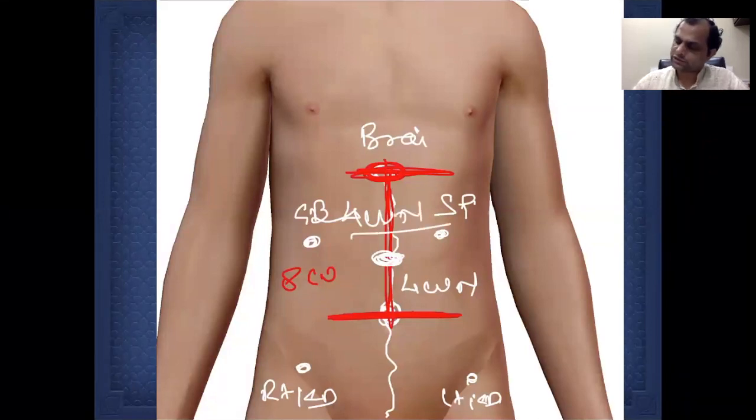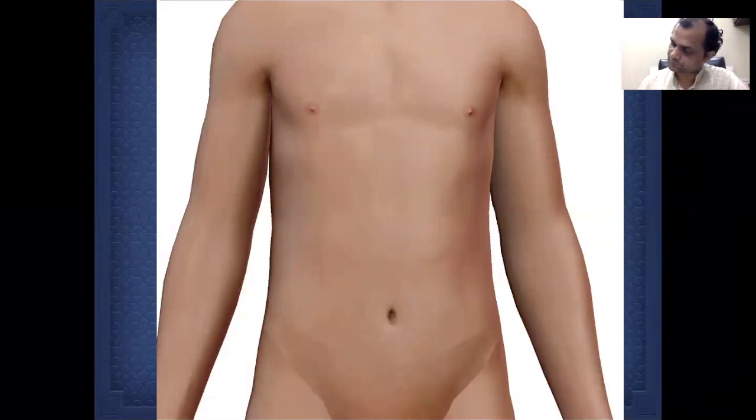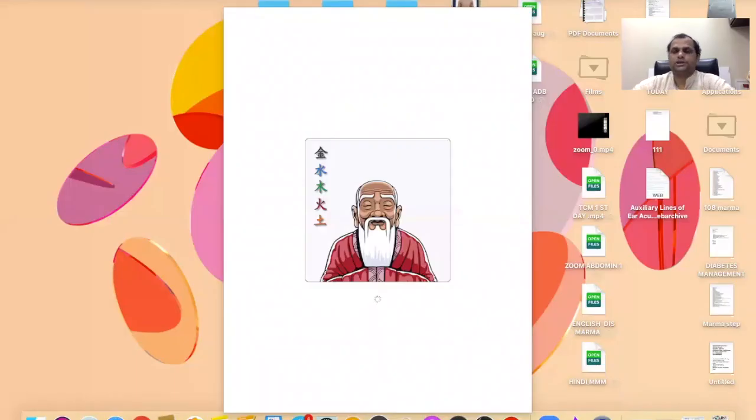Let's see in another image. Right now we are discussing diagnosis. The treatment part will be discussed in the course. But if you are a healer of any field, then you can do the diagnosis from here and apply points from your own method.